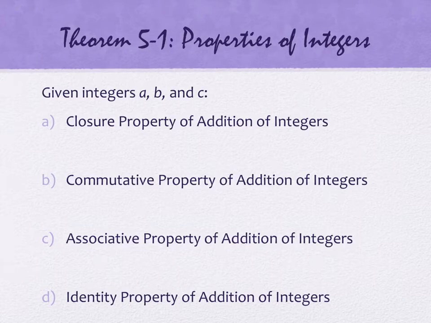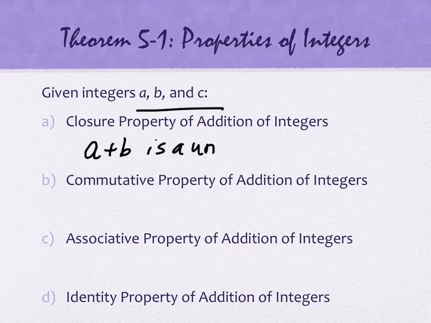But it does work for integers. Add two integers together. So if you have A, B, and C integers, like it says at the top, then A plus B is a unique integer. So there's that part that you mentioned, Hannah, about being unique. You get a unique integer out of that.